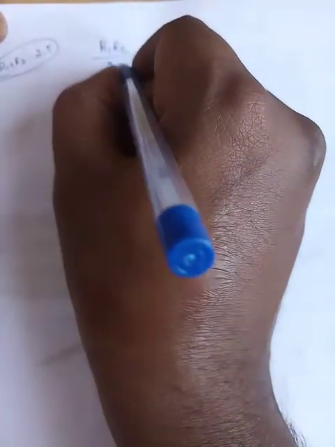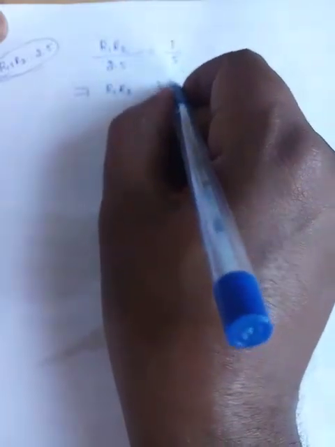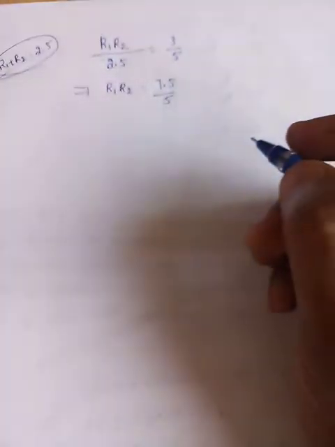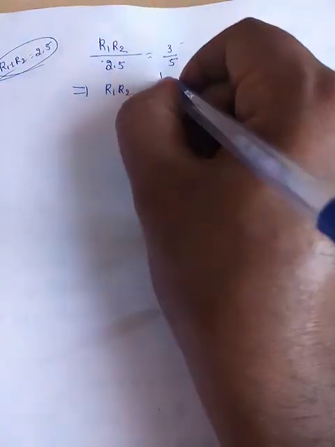Substituting the same value here, R1 R2 by 2.5 equals 3 by 5. That implies R1 R2 equals, multiplying, 7.5 by 5. 5 ones are 5, 1.5. So we get R1 R2 equals 1.5 ohm square.